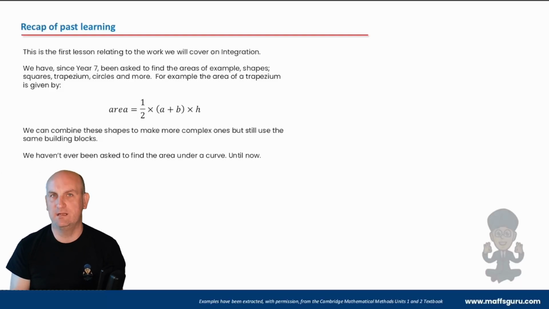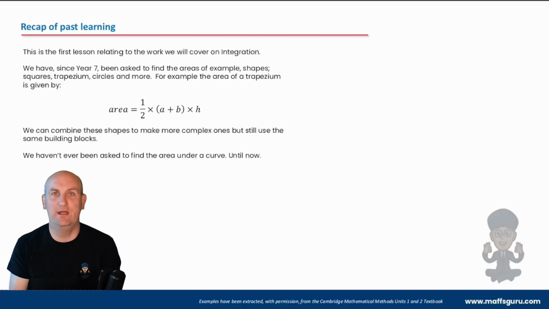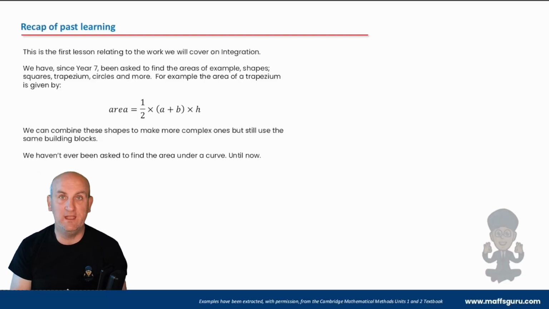Right, recap of past learning. Now, as this is the first lesson, how on earth can there be any past learning? Well, actually, it's going to build on something that you did in year 7 and probably year 6 and maybe even year 5. What? Well, finding the area of basic shapes. We know that we can, using mathematics, find the area of squares and trapeziums and circles and triangles and all those types of things.